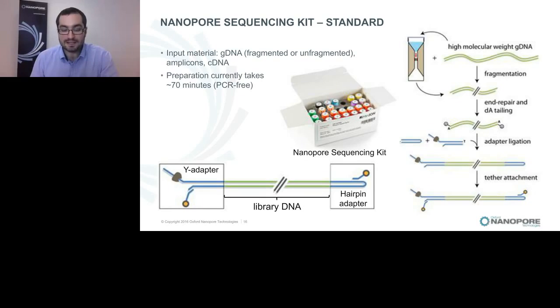Also, size selection isn't a prerequisite because there's no read length requirement. You don't need to do a size selection to remove anything too big or anything too small. You can just throw the lot at the nanopore and it will sequence what you give it. So it does have advantages over other library prep protocols.